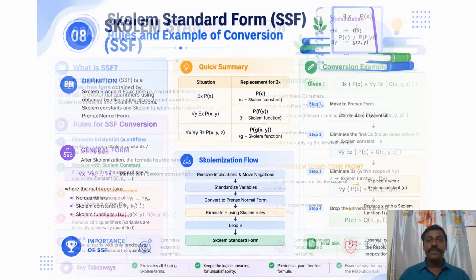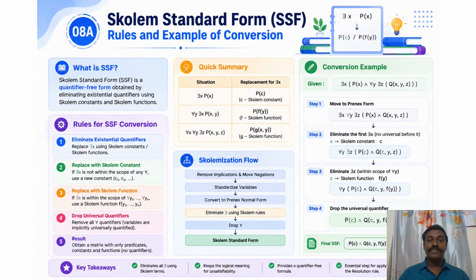So how to do this? The formulas: eliminate the existential quantifiers. To eliminate these existential quantifiers, we replace them with Skolem constants or Skolem functions. When we want to replace with a Skolem constant, if existential x is not within the scope of any universal, then we have to use a new constant.